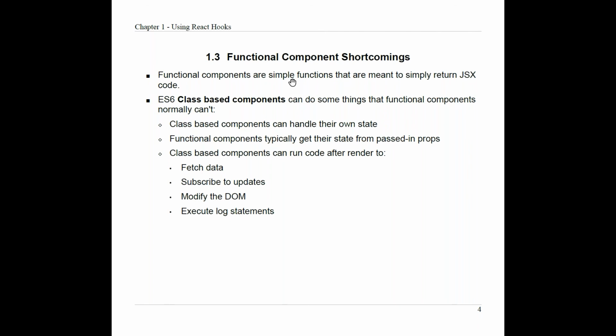When you instantiate a component, in the HTML you're passing the data into the component, and that then shows up as props or properties inside the component. So that's where functional components typically get their state, from props.